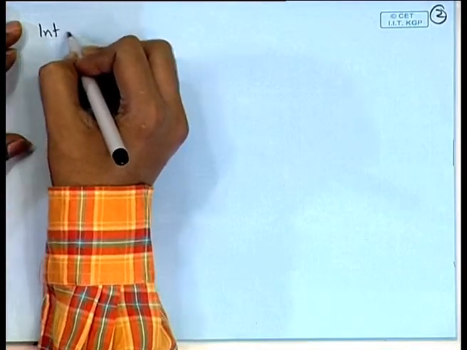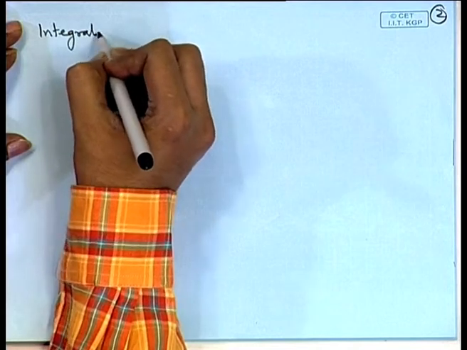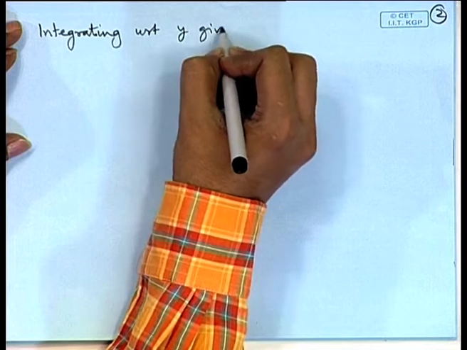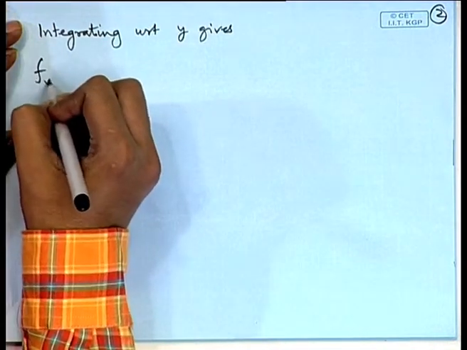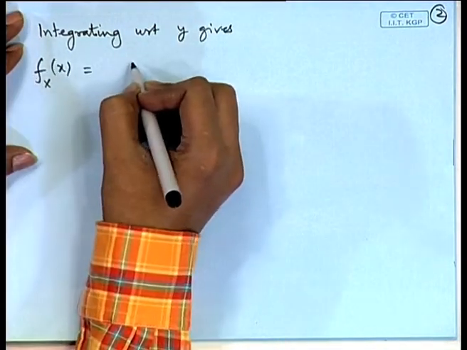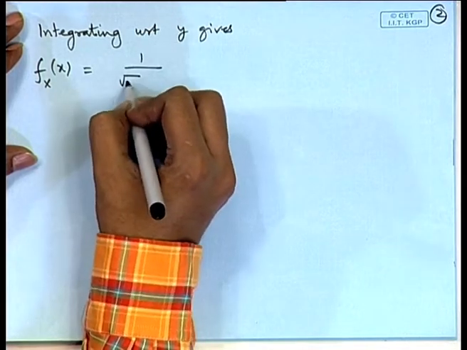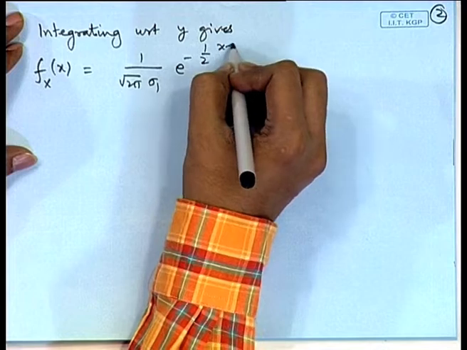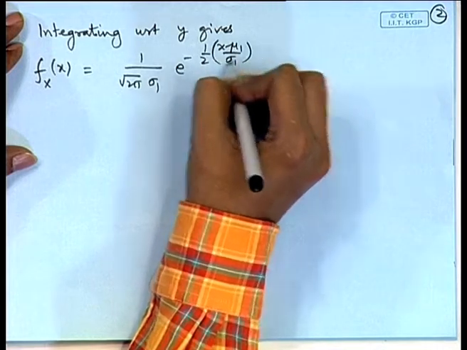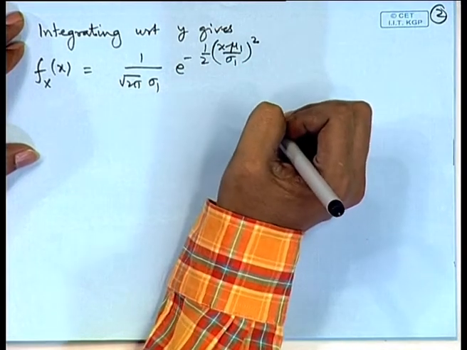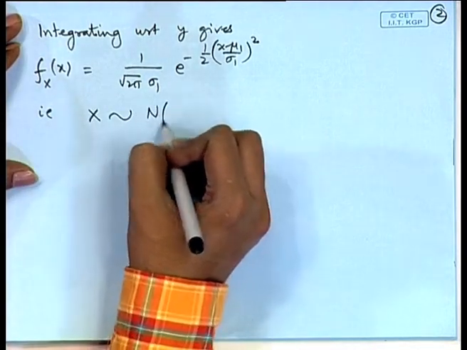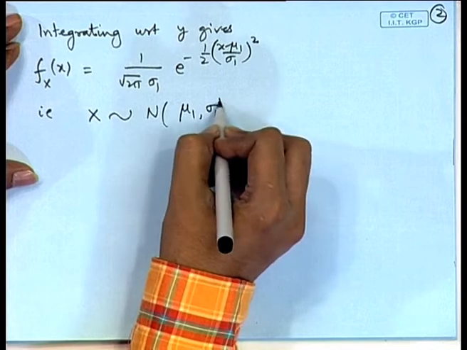Integration with respect to y gives f X(x) equal to 1 by root 2 pi sigma 1, e to the power minus 1 by 2 (x minus mu 1 by sigma 1) square. That is, the marginal distribution of x is normal with mean mu 1 and variance sigma 1 square.